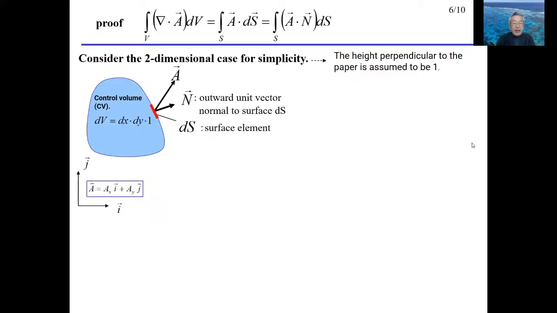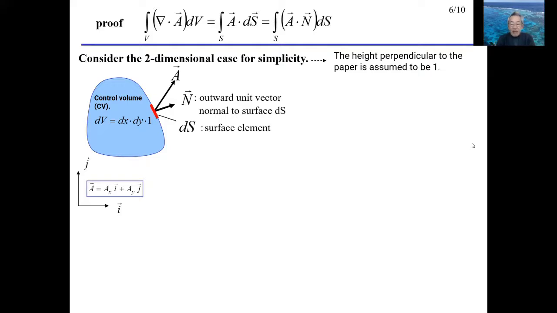Consider the control volume CV colored blue. From now, I will call the control volume CV. This CV looks like a plane, but it has a thickness of unity. Therefore, the volume of this CV is the area multiplied by the thickness 1.